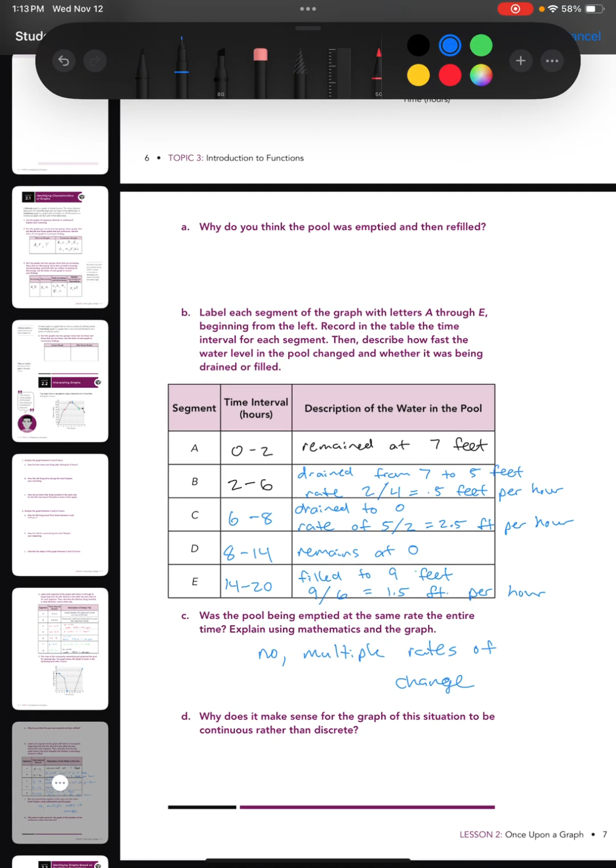Well, for any given moment in time, there is a water level to record, even if it's a partial feet, like 5.5 feet. The continuous graphs only make sense when parts of a whole aren't going to make sense to the situation. So we could say for any given time, there is a corresponding water level.